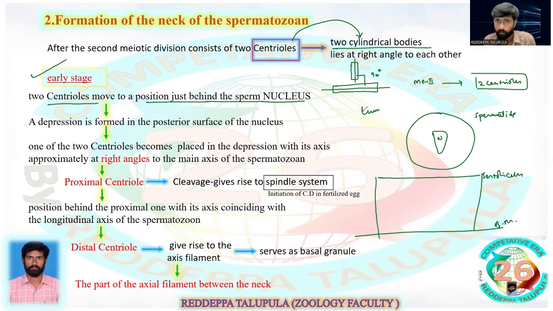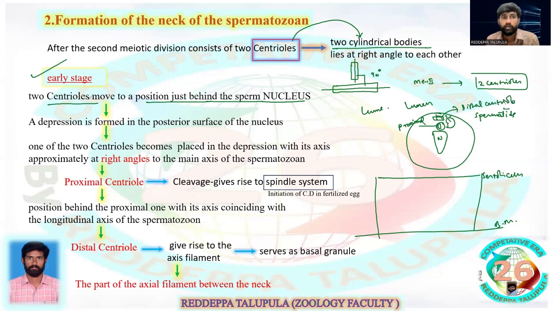It is the lumen. So two centrioles are present near the nucleus. The one present near the nucleus will develop into the proximal centriole. The one present above this, towards the lumen, is called the distal centriole.